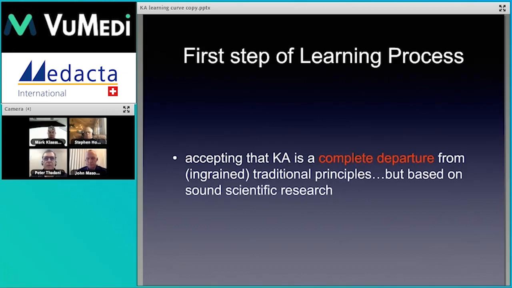We can look to our own practices and see that most of our patients are quite satisfied, but there are some that are not. So I think we're all looking for a solution or a means to improve our outcomes for our patients. So for me, KA was of interest from that standpoint.